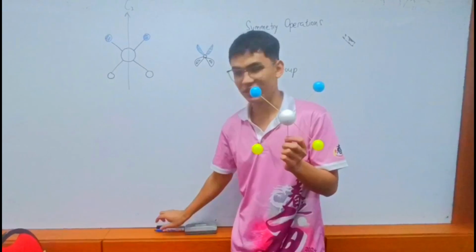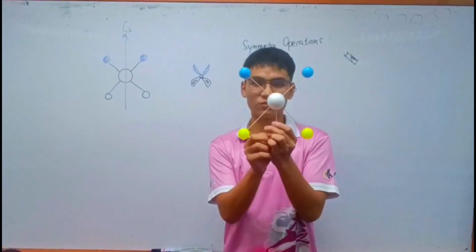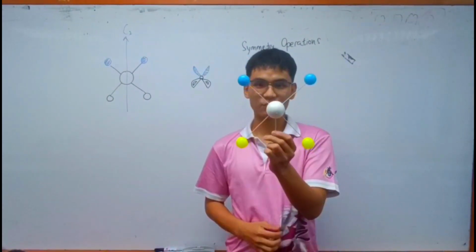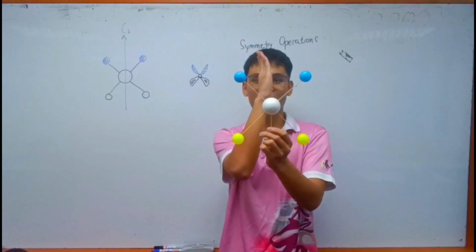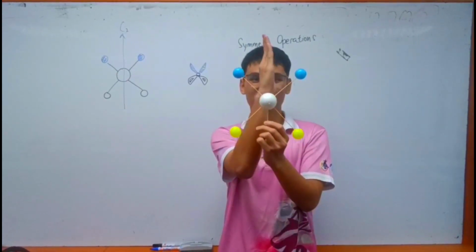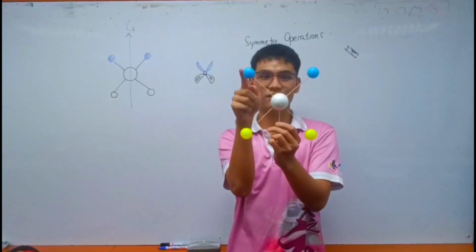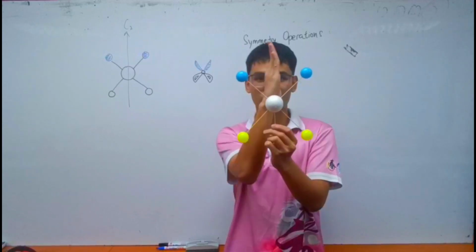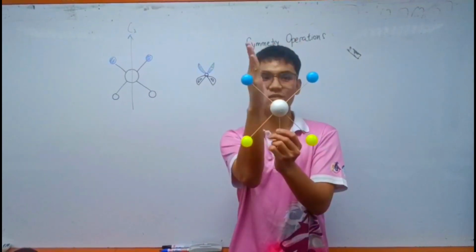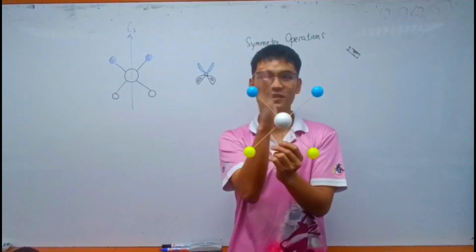Next, we need to find the plane of this molecule. From the front view, we can find a plane here cutting through the two blue atoms and two yellow atoms. When reflected from this plane, we also get the same configuration.